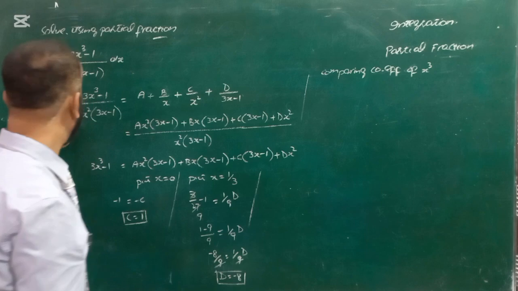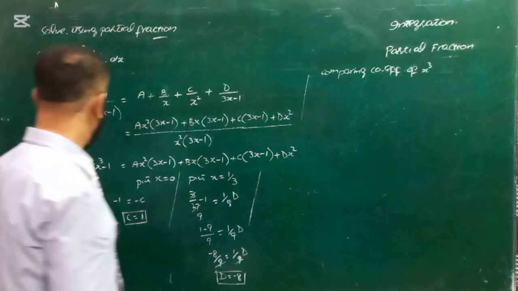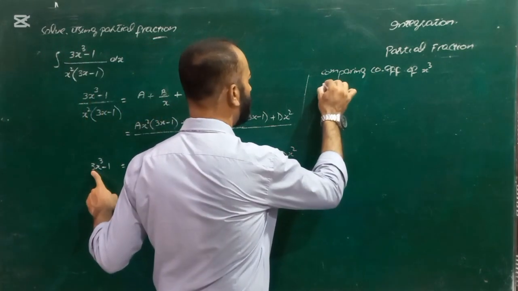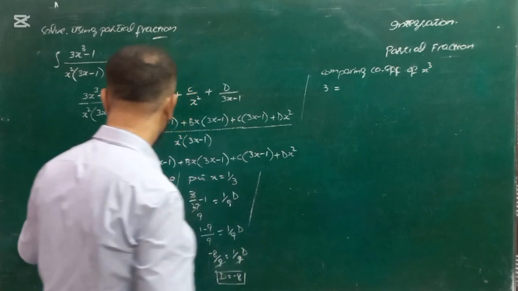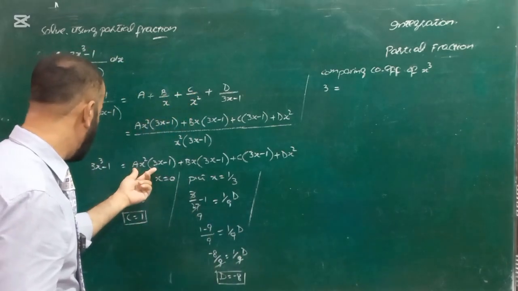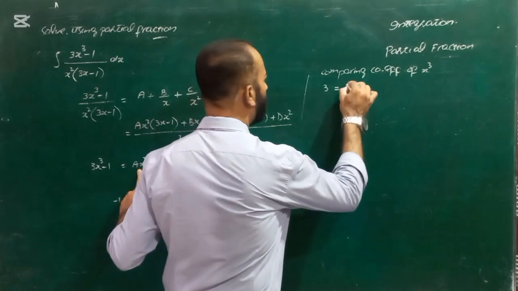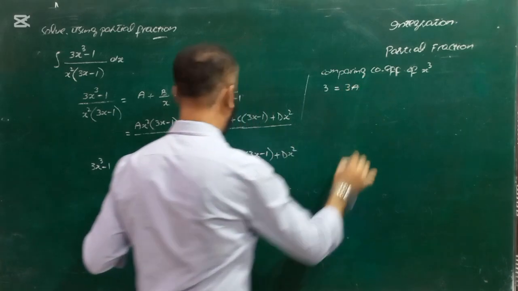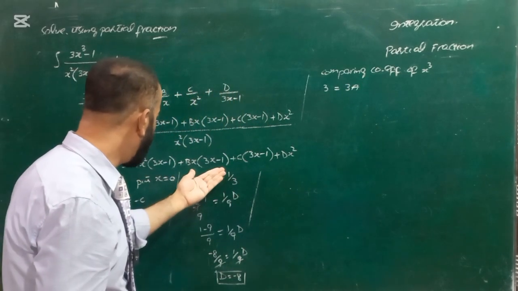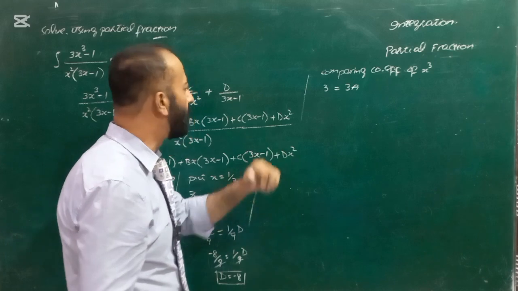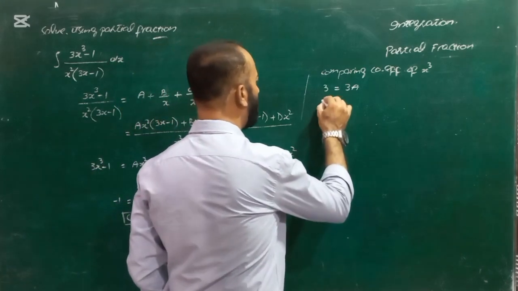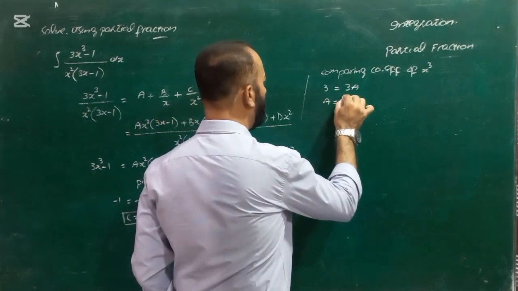So on the left hand side, the coefficient is 3, and on the right hand side, you can see from here the coefficient will become 3a. Okay, here is not x cube, here is not x cube, here is not x cube. Okay, from here a will be equal to 1.